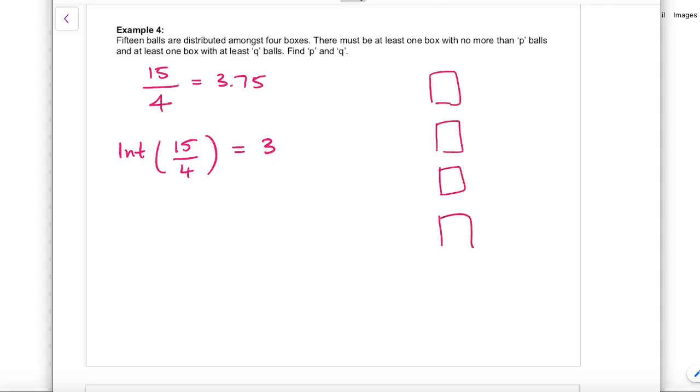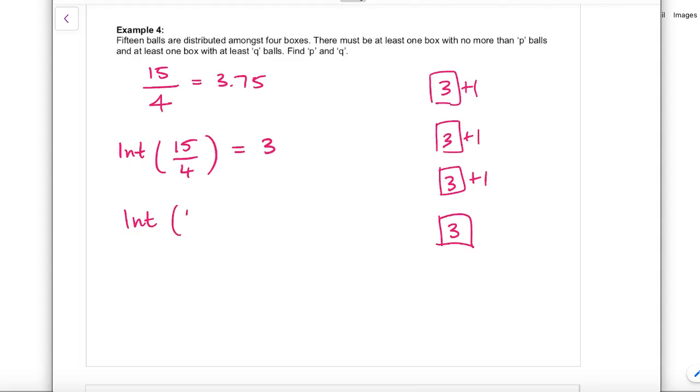So if we consider our 4 boxes, we're going to place 3 into each box, and that will give us our 12. So we have to place at least one more into another box to say that we have at least 4.